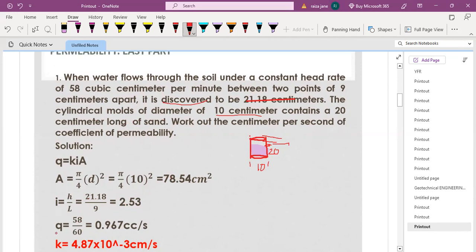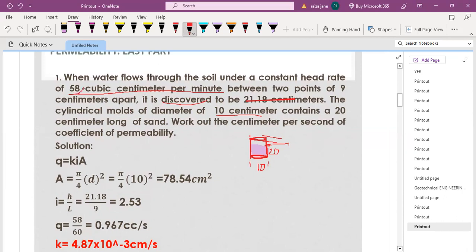Then the rate of flow will be 58 cubic centimeter per minute. Dito kasi, sabi dito, work out the coefficient of permeability in centimeter per second. Pero yung rate of flow natin is naka cubic centimeter per minute.